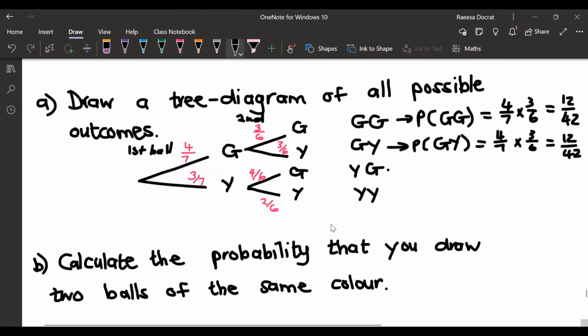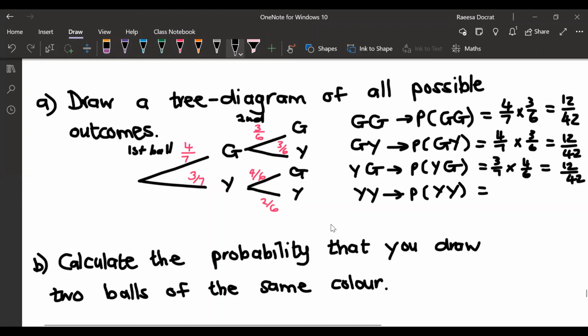The probability of yellow and then green is 3 over 7 times 4 over 6, which is 12 over 42. And finally, the probability of yellow, yellow is 3 over 7 times 2 over 6, which is 6 over 42. So those are the probabilities associated with all our events.